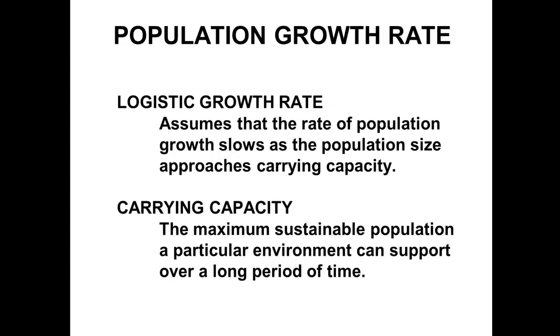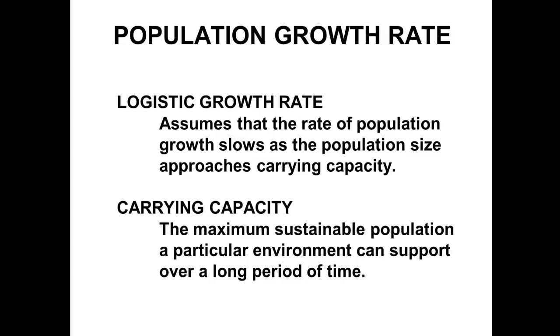And then we've got another model called the logistic growth model, which takes into account the fact that the environment is inevitably finite. Food, soils, water, nesting sites, burrowing spots that are appropriate, whatever it is.